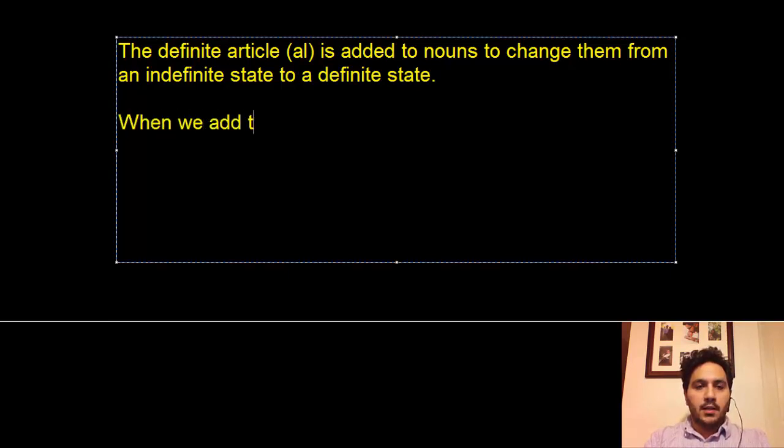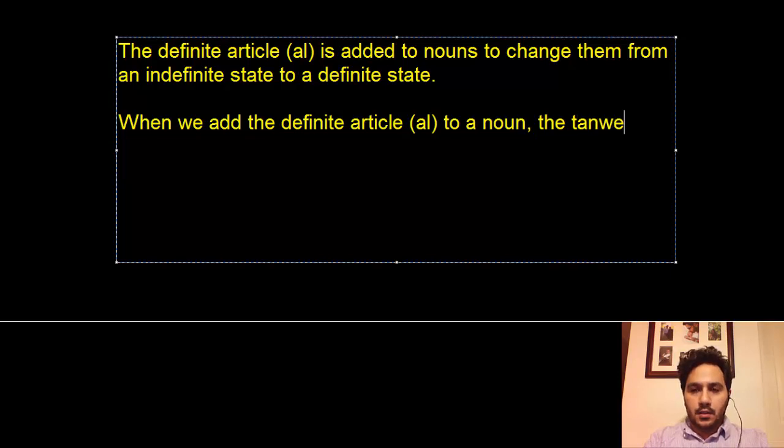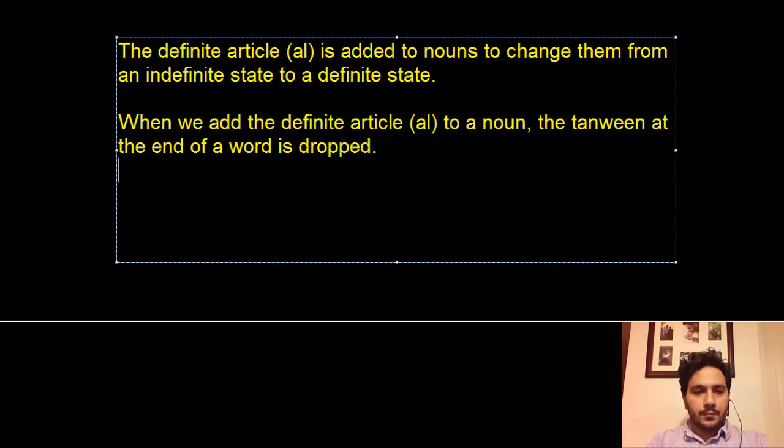When we add the definite article al to a noun, the tanween at the end of a word is dropped or removed.